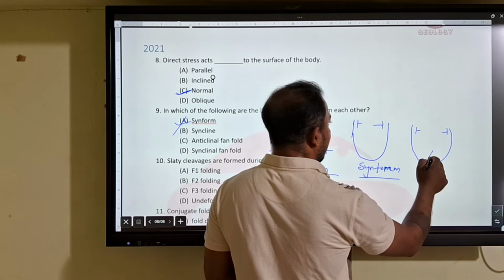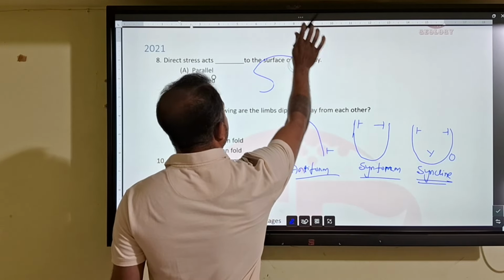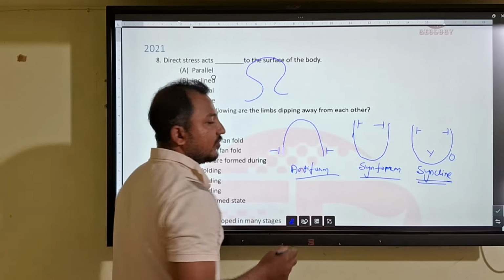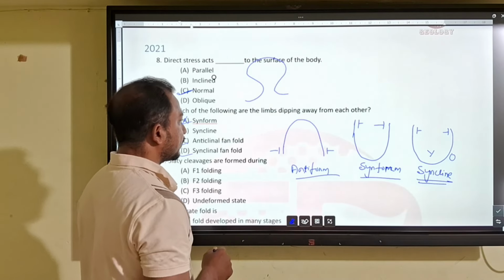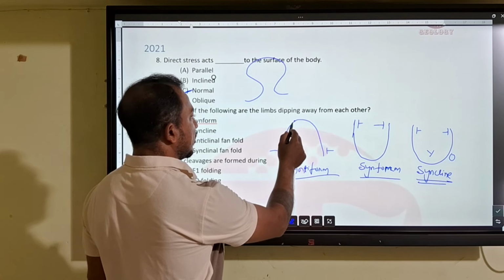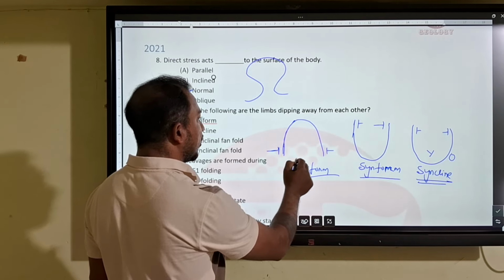Then come these two folds: anticlinal fan fold and synclinal fan fold. Fan fold is like this. In fan fold, both the limbs are overturned. This is a normal limb, dipping in this direction. If it is overturned, the dipping direction will change. So this is anticlinal fan fold, this is synclinal fan fold.